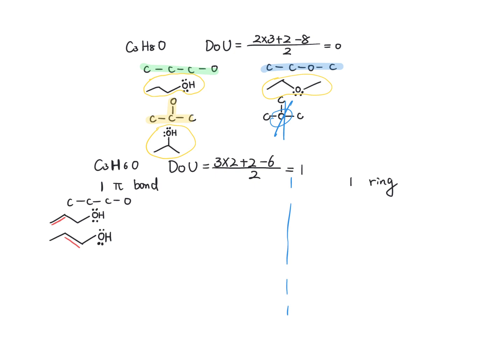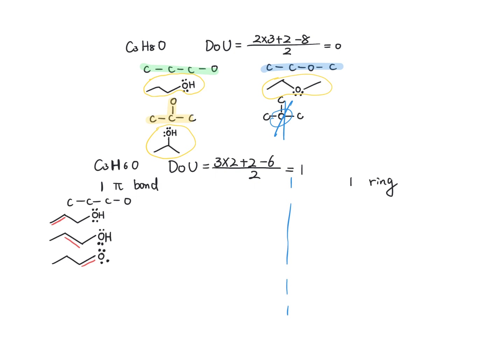And we'll come back to this carbon-carbon-carbon-oxygen backbone. Right here, we can also have the pi bond between carbon and oxygen. So what we are doing here is using the same backbone, and by moving the pi bond position, we can create 3 constitutional isomers in this case.